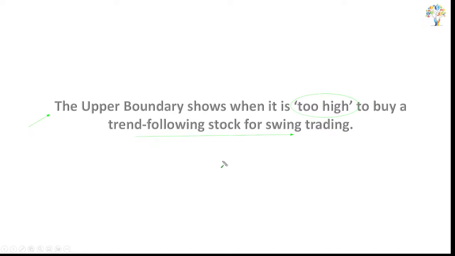All my discussions usually revolve around swing trading. Sometimes I talk about longer term investment, position trading or day trading, but most of the concepts I described are for swing trading. So if it is already at the upper boundary, then it is already too high to take a trade using the flow setup.